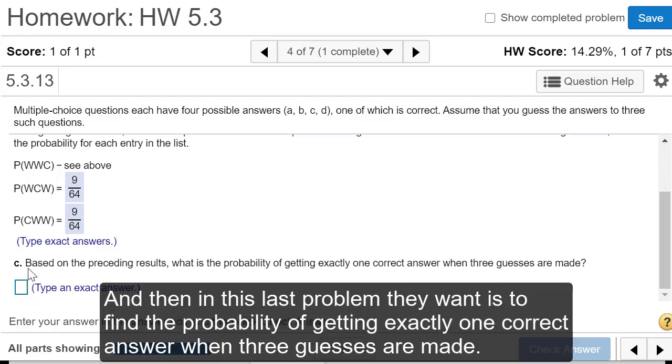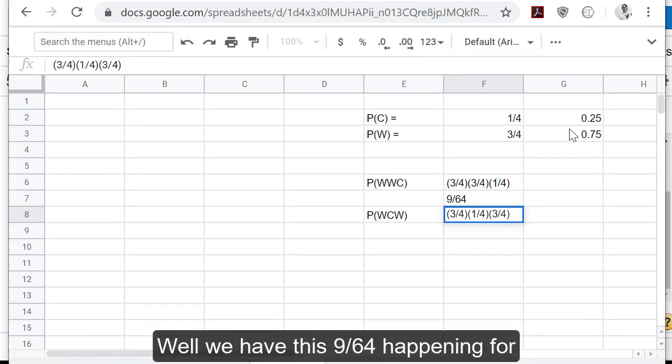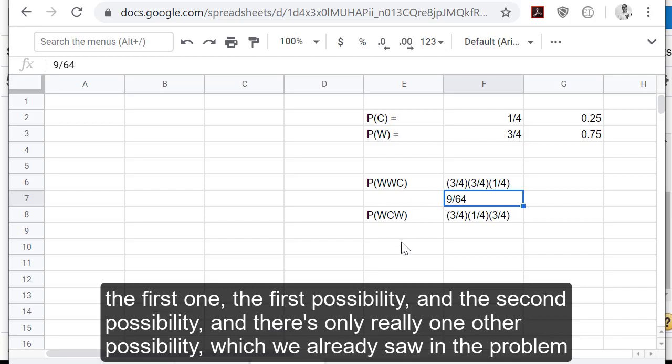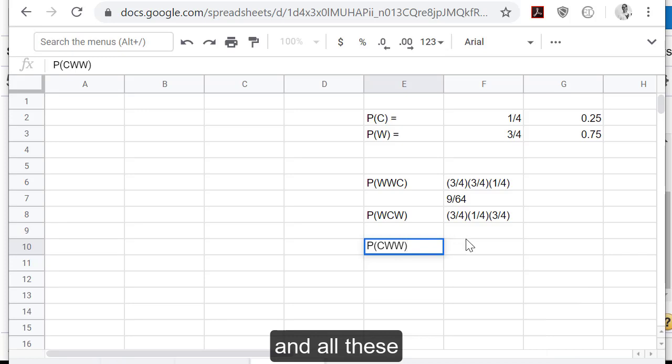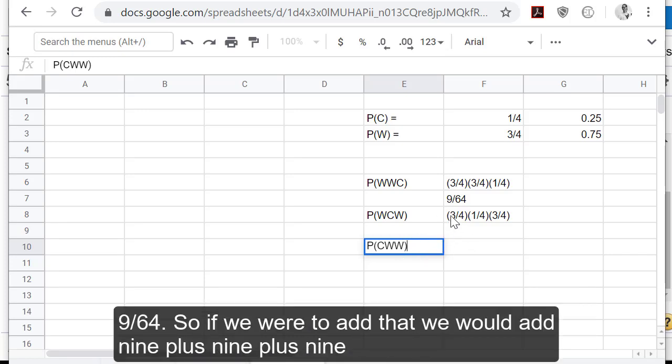And then in this last problem, they want us to find the probability of getting exactly 1 correct answer when 3 guesses are made. Well, we have this 9/64 for the first possibility, and the second possibility, and there's only really one other possibility, which we already saw in the problem. All of these have a probability of 9/64.